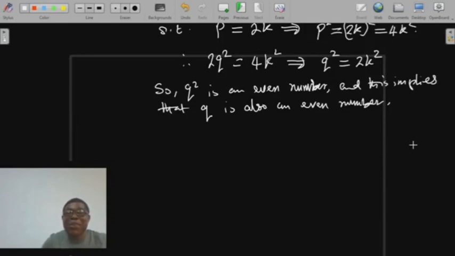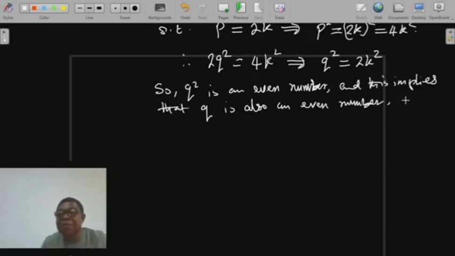So what have we gotten? What we've gotten is that if we assume that root 2 can be written as p over q, where p and q are integers, with q not equal to 0 and p and q not having common divisors, we ended up getting that both p and q are even numbers, which means that p and q have common divisors, and this is a contradiction.